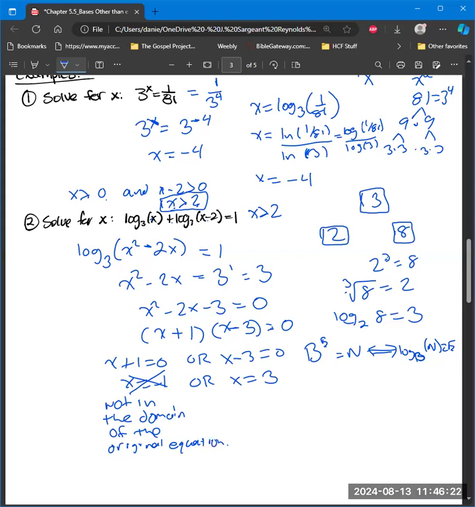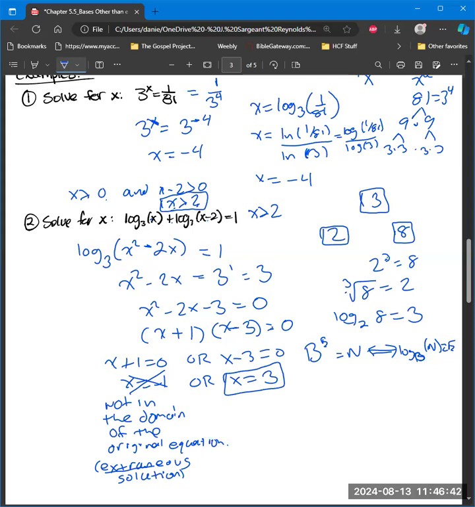So it's what we call an extraneous solution. And you see the word extra in there. It's an extra solution because we changed the domain of the problem that we need to ignore. So our only answer here is x equals 3.